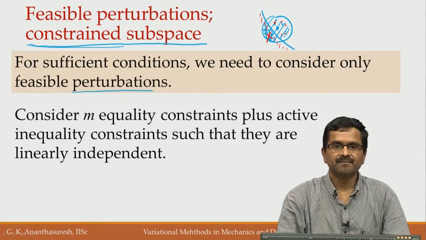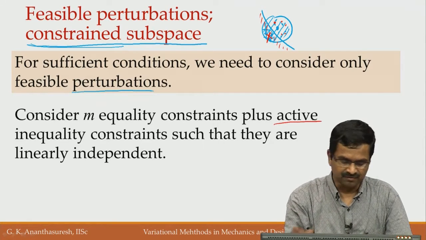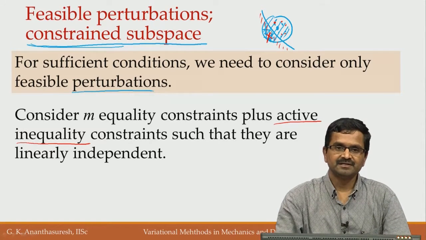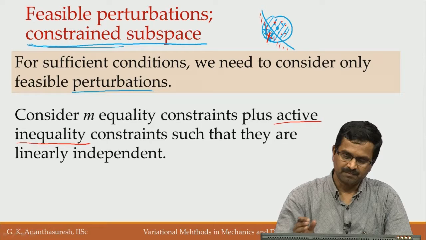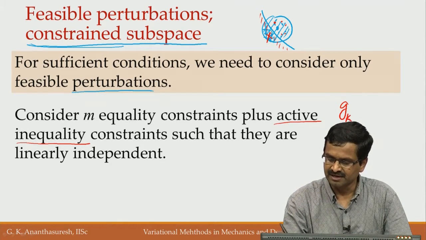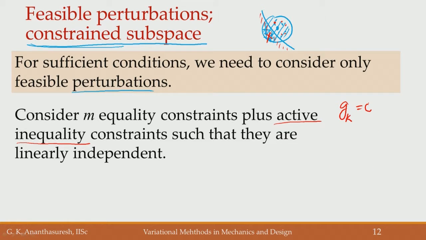So, if you have m equality constraints and some active inequalities. Inactive inequalities are inactive, so you can throw them away, but there could be some active inequalities, meaning those where Gk, if I call k as an index for this, should be strictly equal to 0 rather than being less than or equal to. So, there are active inequality constraints.